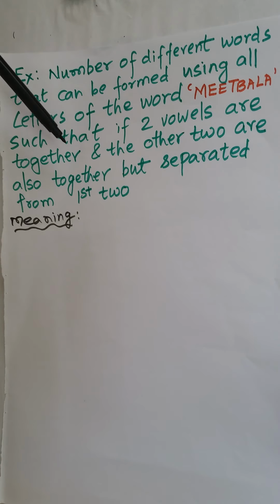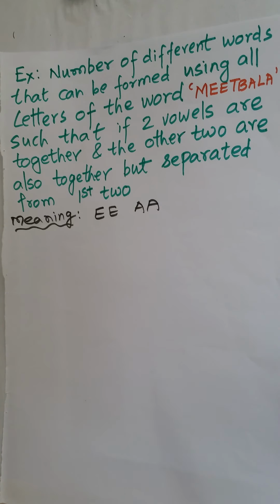One of the possibilities of writing is E, E, A, A. The other possibilities may be like this: A, E, A, E, and so on. EA is also possible and so on.